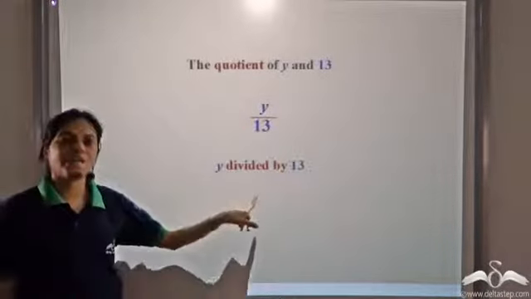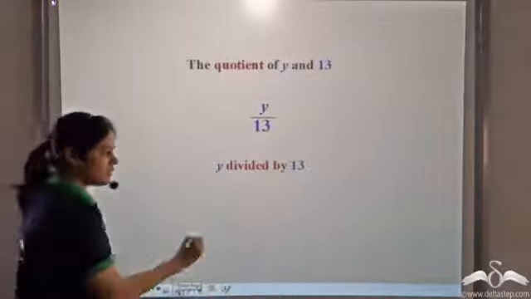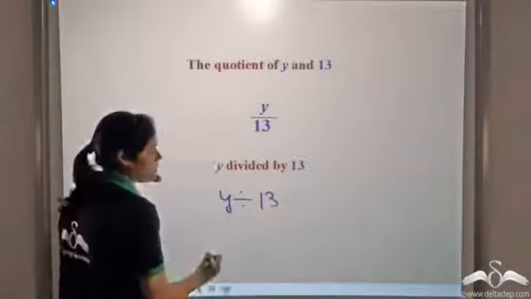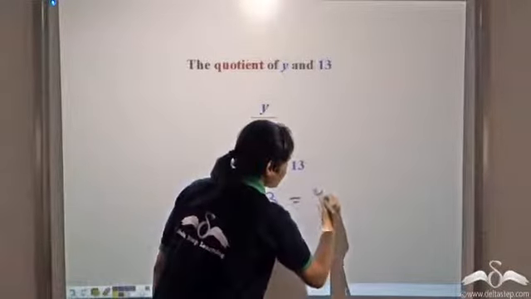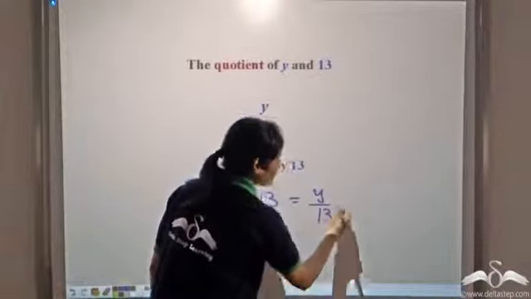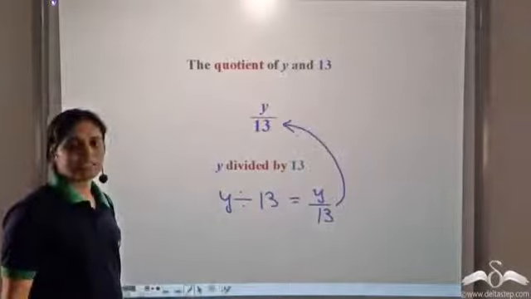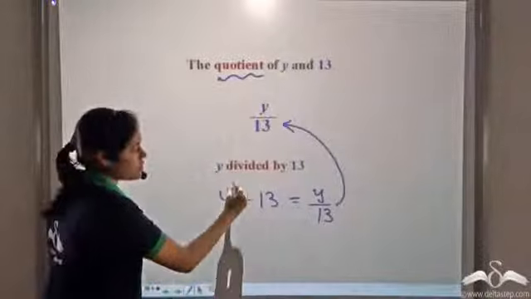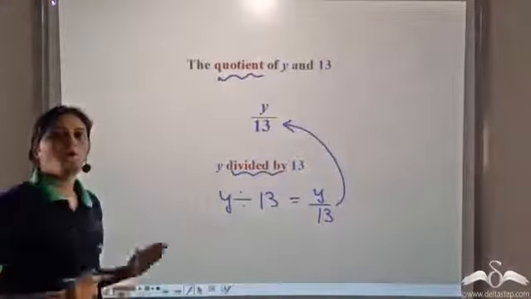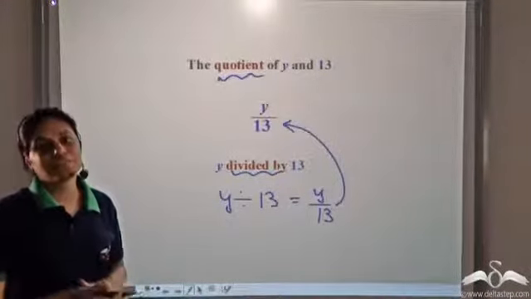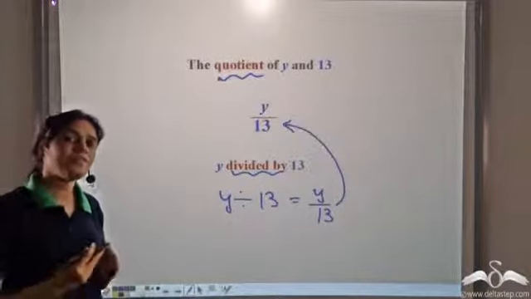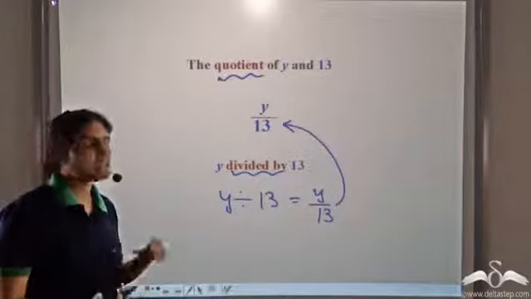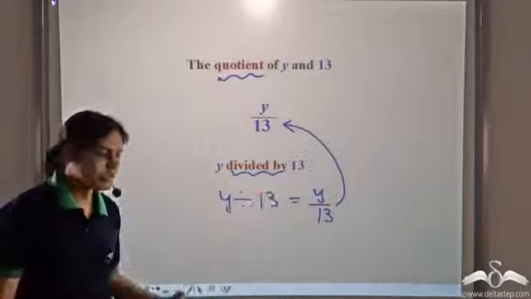Now if we have y divided by 13, it can be written as y by 13. So we see that the words quotient, divided by, all these words represent the division operation. So whenever we have these words, we understand that we have to divide a term by another term.